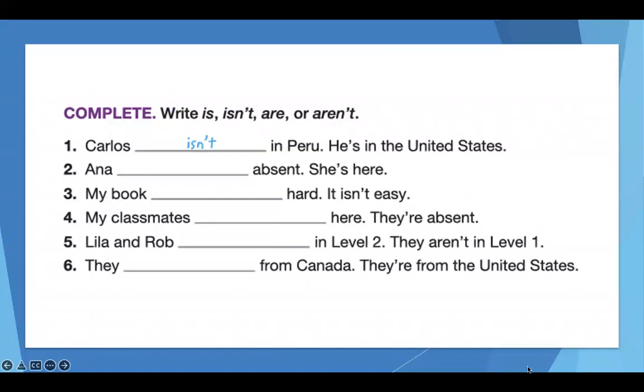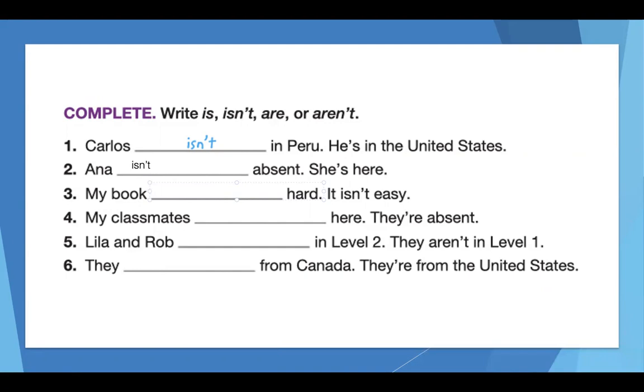She's here. So we can again say Anna isn't absent. All right, my book is or isn't, are or aren't hard.